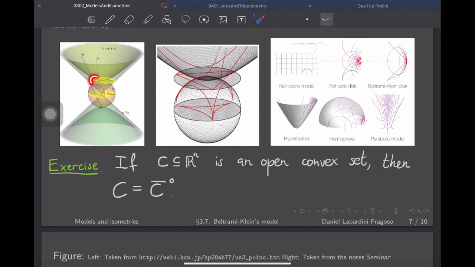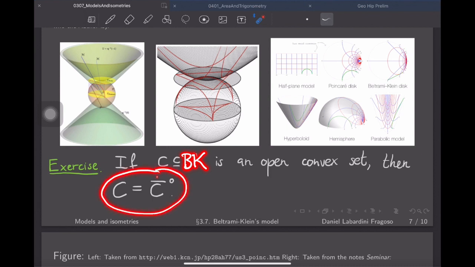Since in the Beltrami-Klein model shortest curves are just segments of Euclidean straight lines, I automatically know this if C is an open convex subset of the Beltrami-Klein disk, BK.